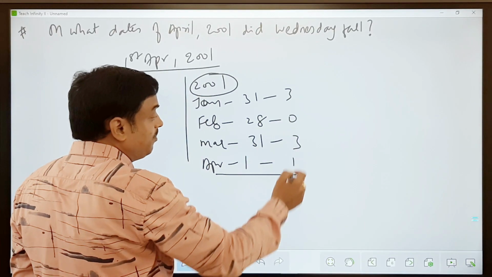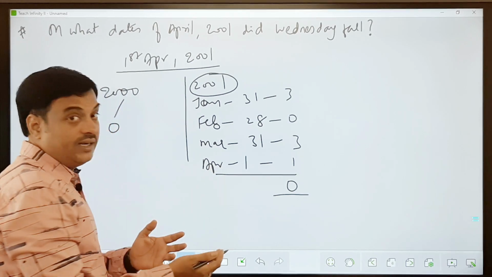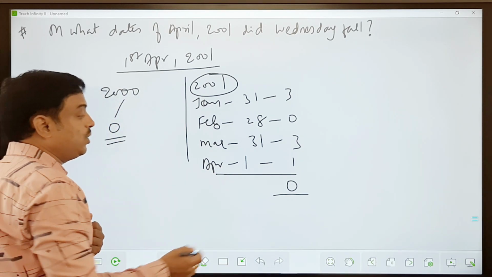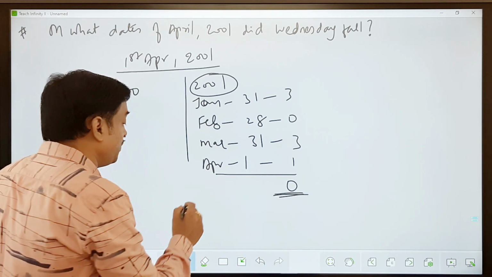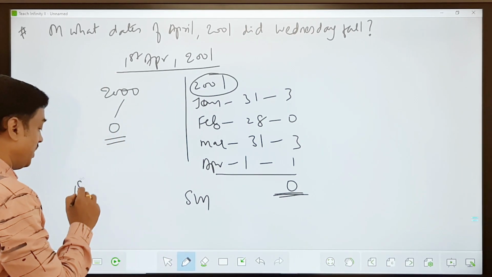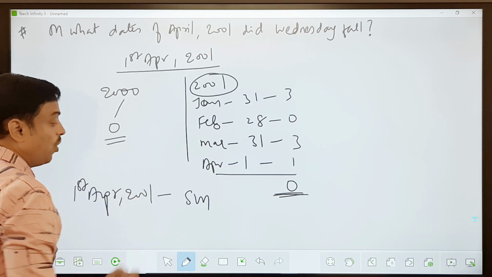And 3 plus 1 is 4, ultimately 0 I get, because total is 7, I should divide it by 7. The remainder finally is 0. So the carry forward number is 0. That means the 1st of April started with Sunday. According to the given data, the 1st of April 2001 was Sunday.